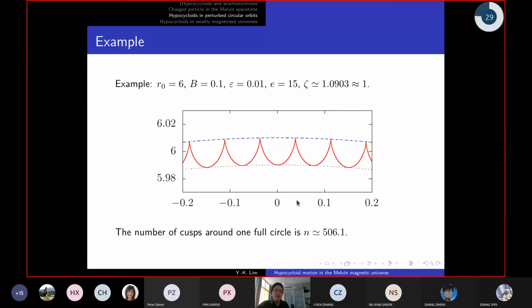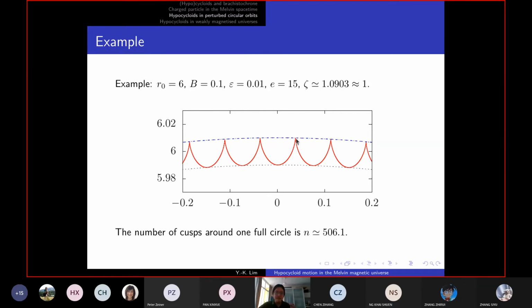Let's see some examples. If I do it for the case of the charged particles in the Melvin spacetime, let's say I start with a perturbation around a circular orbit of radius 6. So let's start with a circle of radius 6, and then I perturb the charge. So it will oscillate around the R6 region. Then I choose the magnetic field and charge to have a certain value such that I get a zeta that's closest to 1 as I can get.